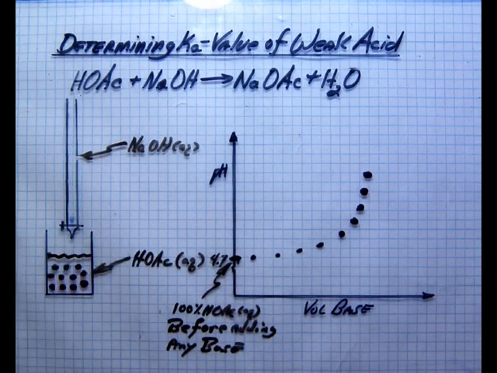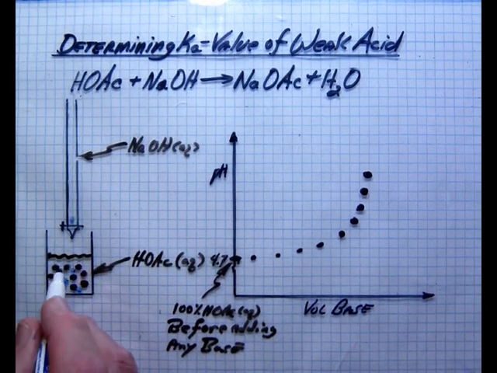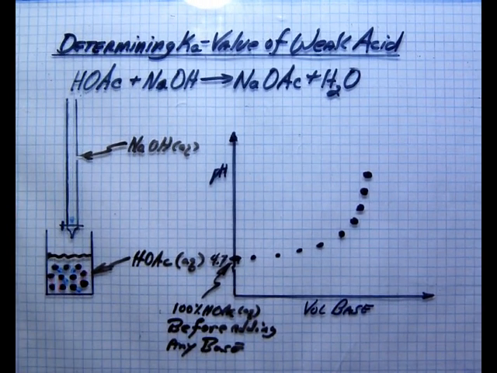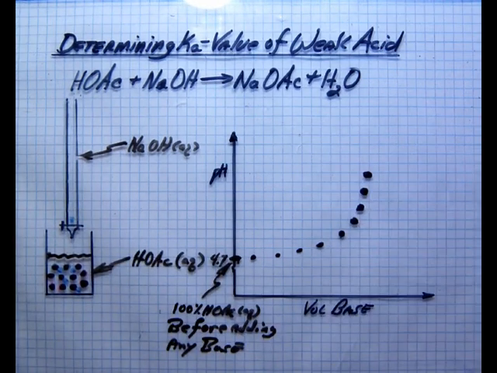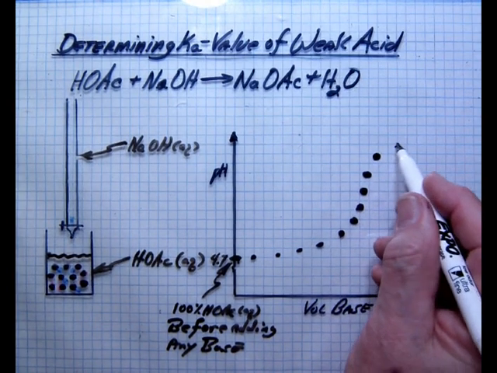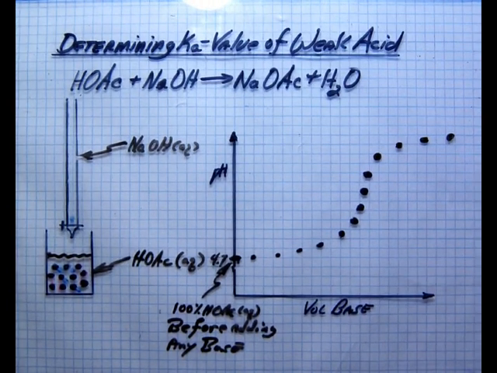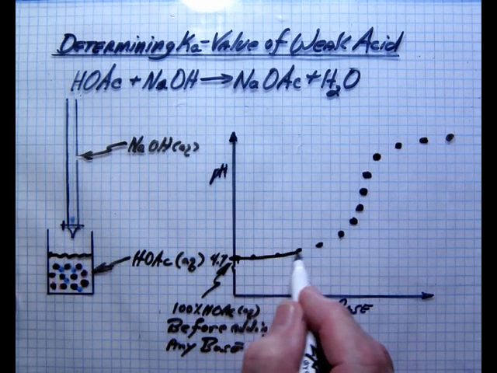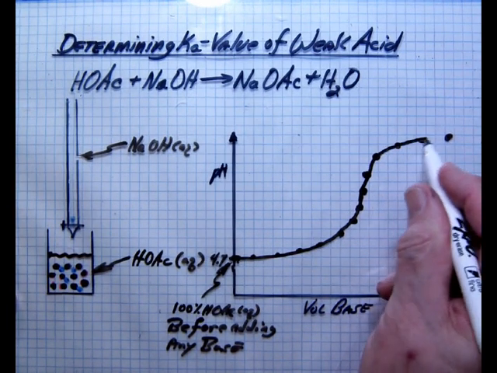So if we added any more base to the solution at this point, it would not react with anything, and therefore contribute only to increasing pH values going up this way. So it would follow a trend like that. If we connected our dots, we would have a pH curve, a titration curve, that would follow this trend right through here.